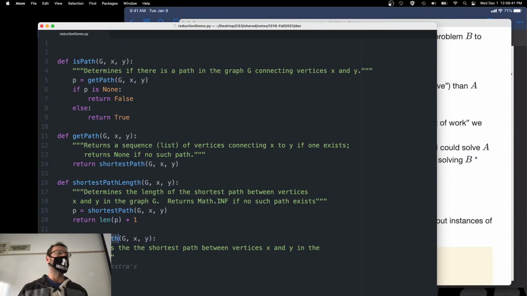It could be polynomial time, exponential time, or super exponential time. I don't care. It's just that a Turing machine exists, an algorithm exists that can solve this problem.